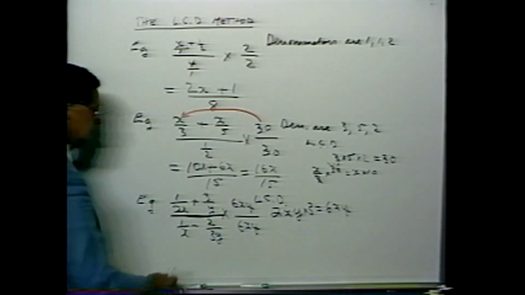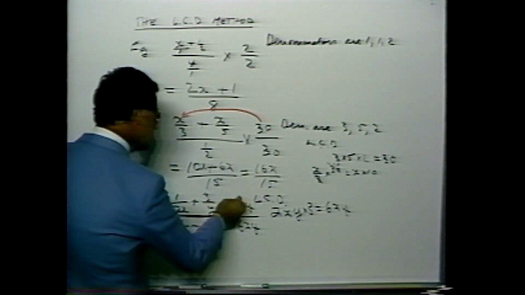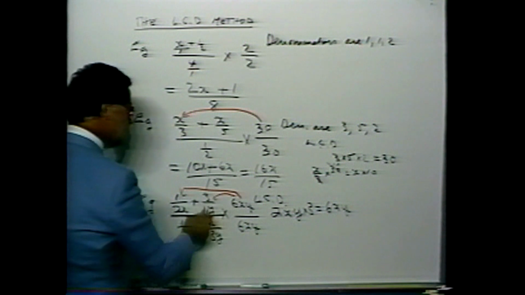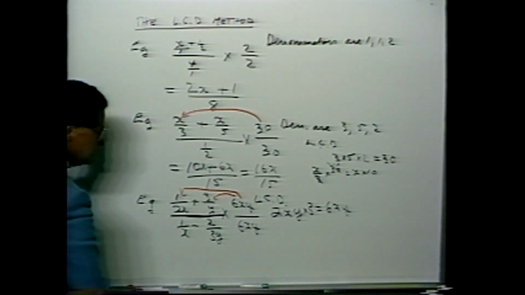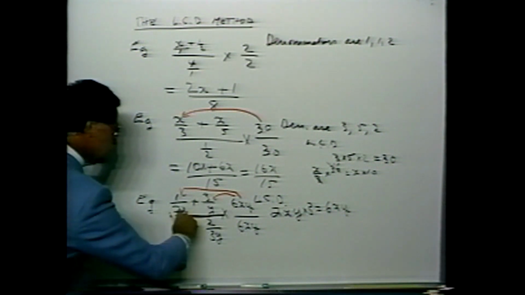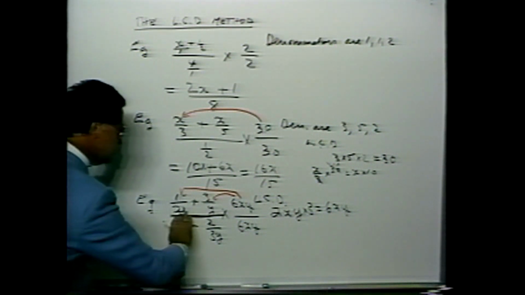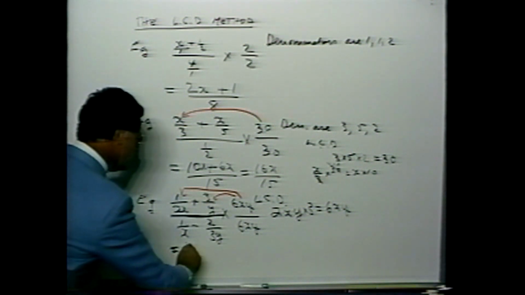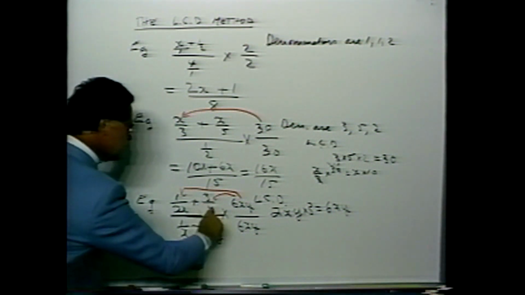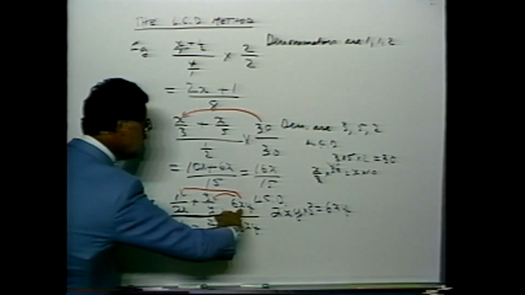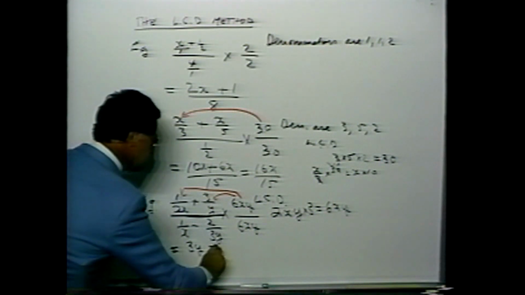Now taking 6xy, multiply it by this term, followed by multiplied by this term. And in the numerator, we will get, you can do part of this in your head now, 1 over 2x times 6xy amounts to 3y. So 3y goes there. 3 over y times 6xy, the y's will be gone, leaving 18x.